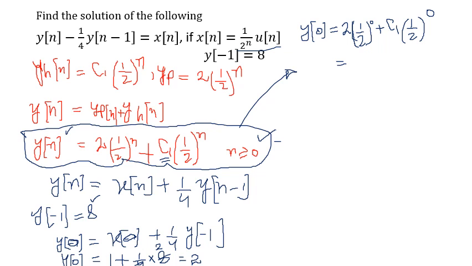So y of 0 equals 2, which we have just calculated, and then anything to the power 0 is 1, 1 into 2 is 2 plus c1, so that means c1 equals 0.